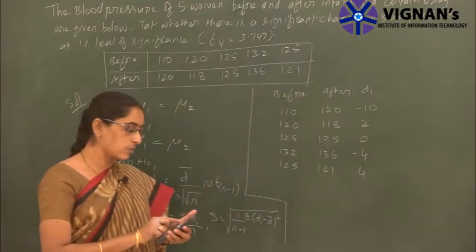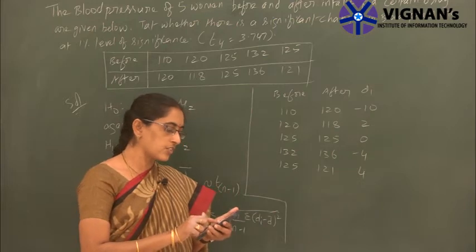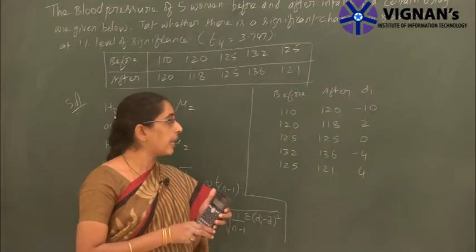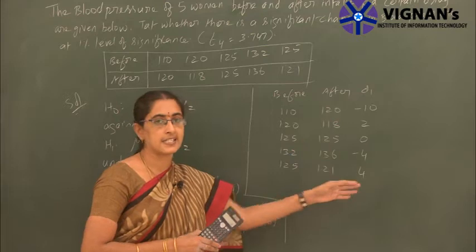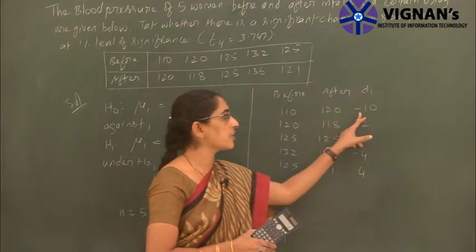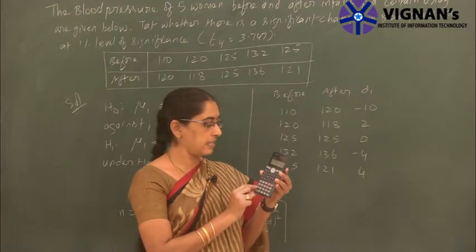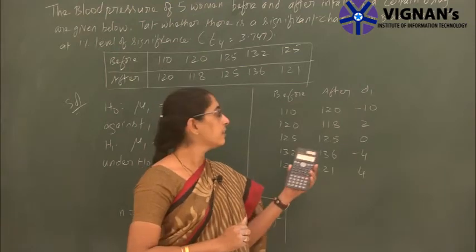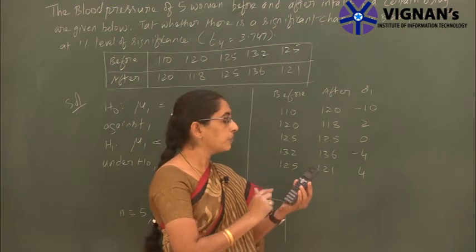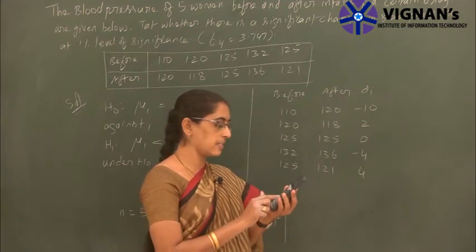Now again we have to go to regression linear mode and we have to give these differences in the calculator. So here we have the first observation minus 10, so within a bracket minus symbol 10, M plus. Then second observation is 2. Then third observation is 0.